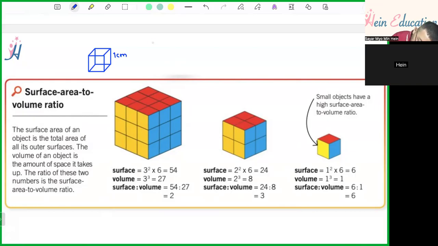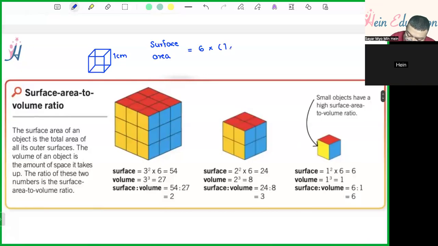For the surface area, it has 6 sides. So we multiply by 6. And each side is 1 into 1, so this would make 6 centimeters squared, right? For the volume, you multiply 1 into 1 into 1, which gives 1.